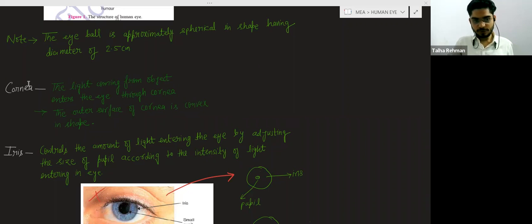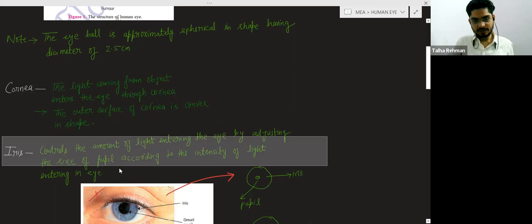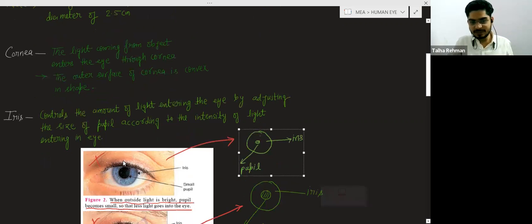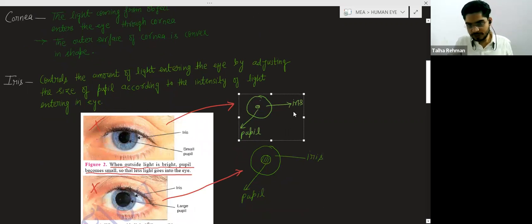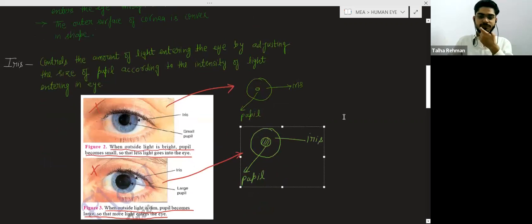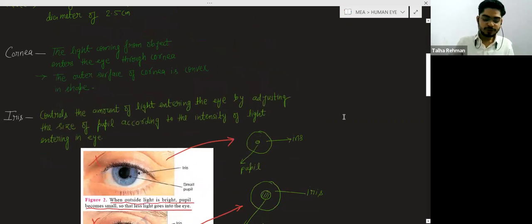Okay, when you have completed this part, the iris part, till here, what you will do is draw this diagram and write this statement. Then you will draw this diagram and you will write this statement. Because we should know how the iris controls the size of the pupil.